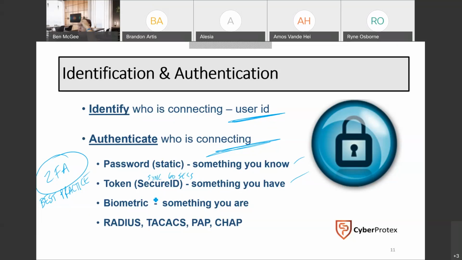Biometrics, maybe your butt print. I mean, we gotta have a little bit of fun there, right? Whatever. Or some of these types of remote servers, like the Challenge Handshake Authentication Protocol, or the Radius server that's used in ISPs like Verizon and AT&T, or maybe even if you have some VPN with Cisco, TACACS could be something as well. Or you could be using PAP. Those are all things that we use to authenticate people.